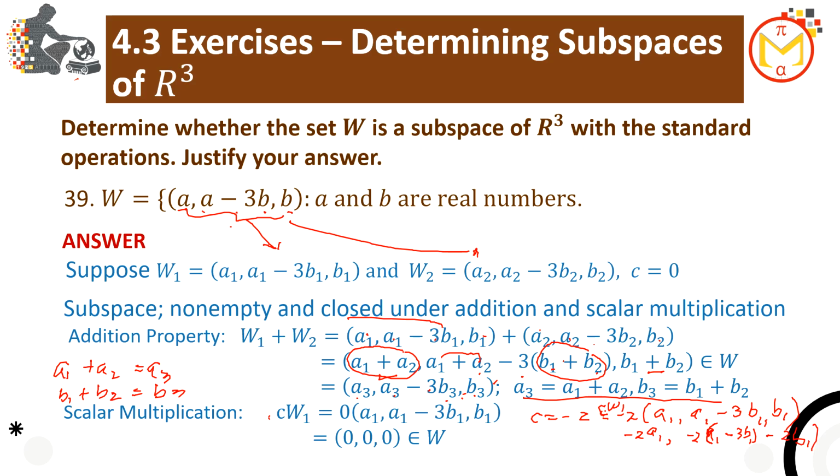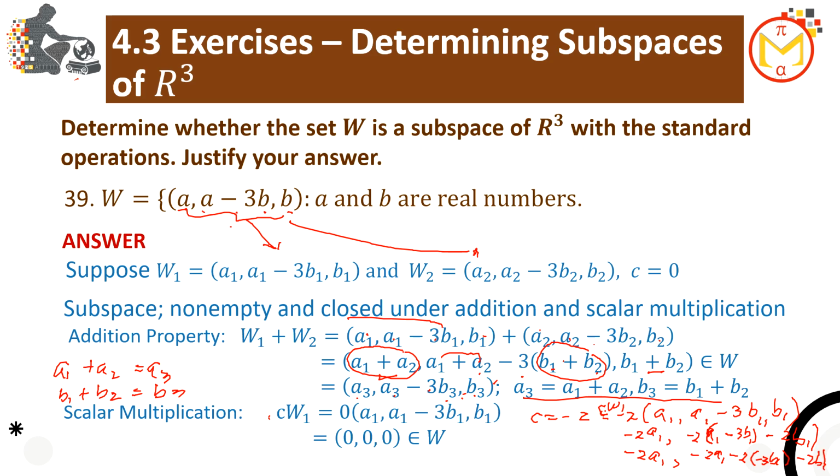So we have negative 2a sub 1, then minus 2 times negative 3b sub 1, then negative 2b sub 1.